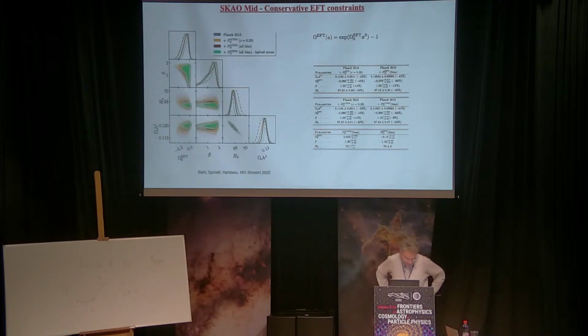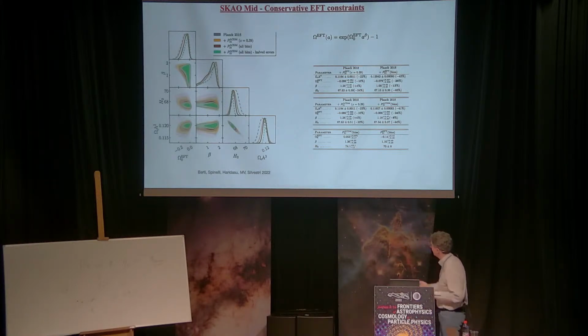So in terms of modified gravity, there are also some functions in an EFT description of the dark energy that could be constrained by this. One of these functions is this omega EFT that in some way describes also a coupling between dark energy and dark matter. And we ask ourselves whether this observable can constrain omega 0 EFT and beta. Beta is the redshift evolution, the running, let's say, of this parameter.